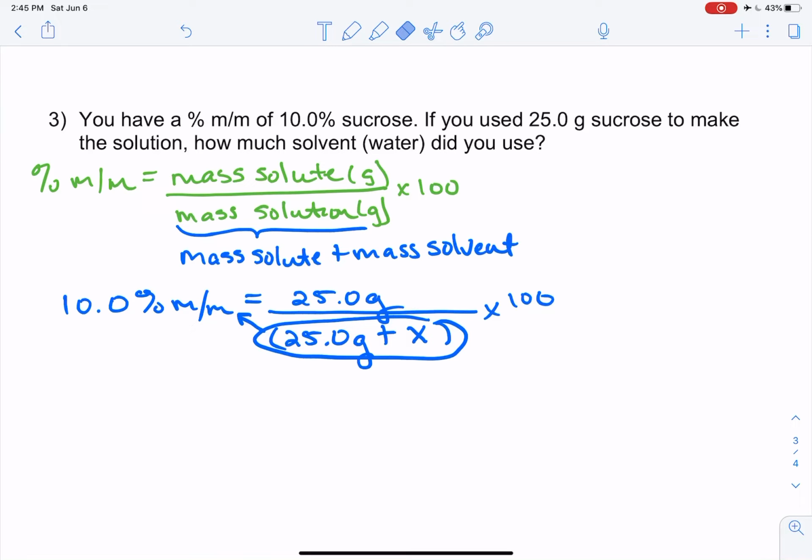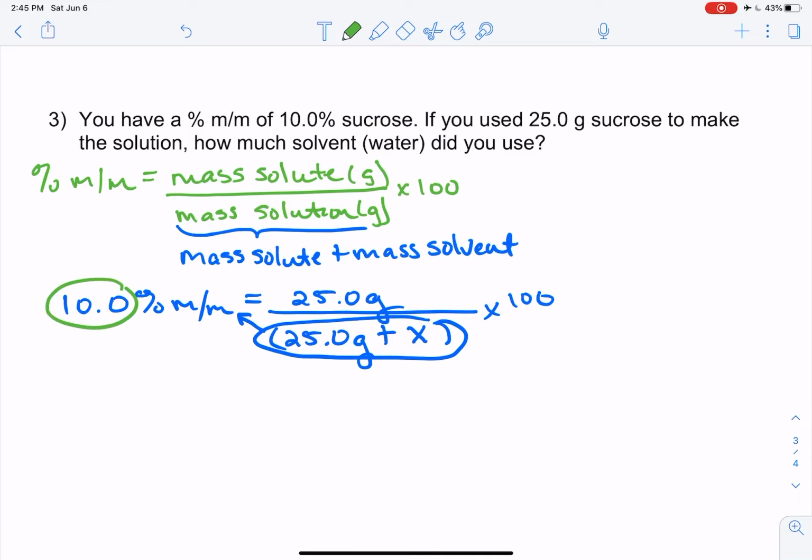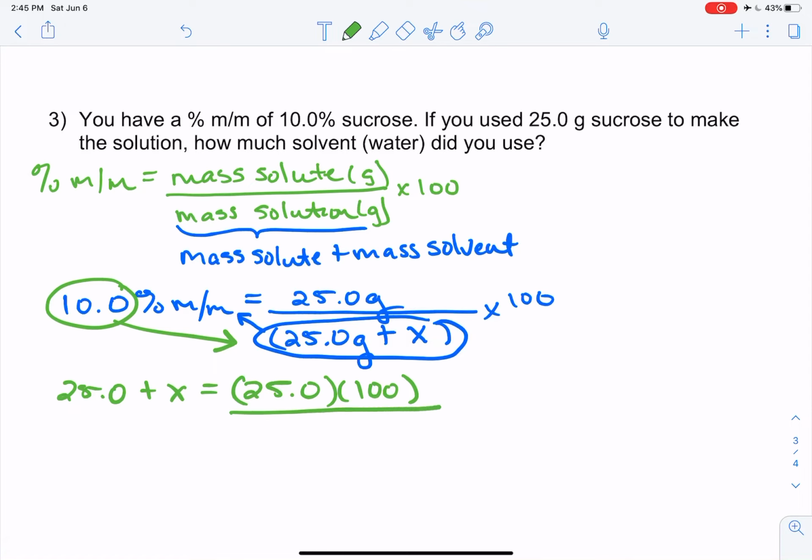And we're going to want to move the 10 down there, and what we'll get is 25 plus X is equal to 25, and I'm just going to move the 100 over here, and we will have the 10 down there.